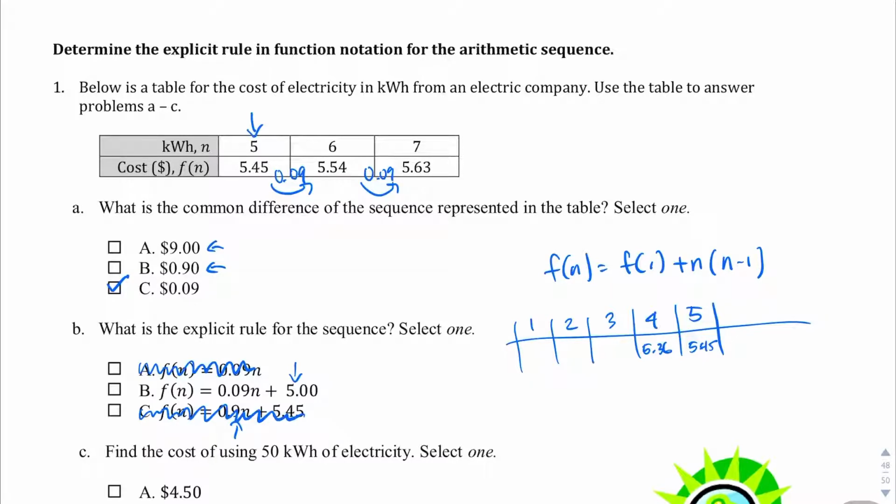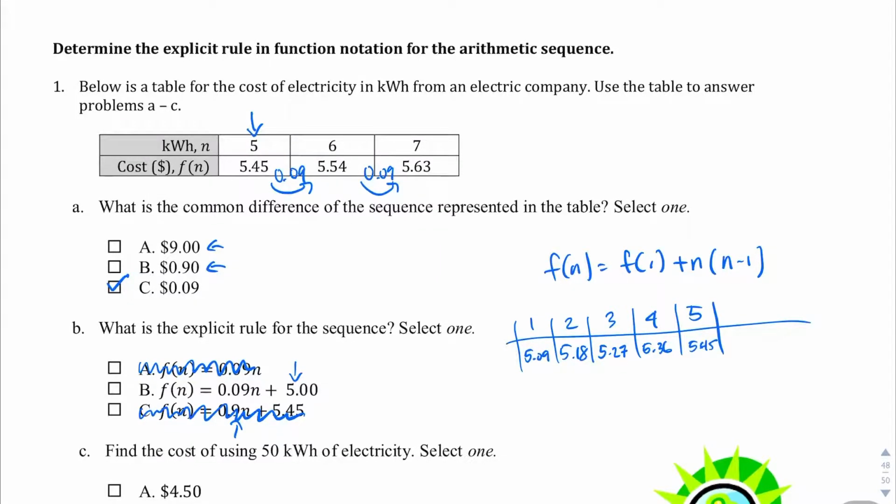You can punch this into a calculator too. 9 cents less than that is 5.27. 9 cents less than that is 5.18. 9 cents less than that is 5.09. So the first term should be 5.09, it looks like. So let's go with B.